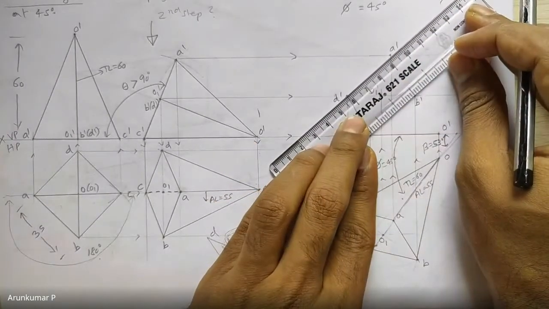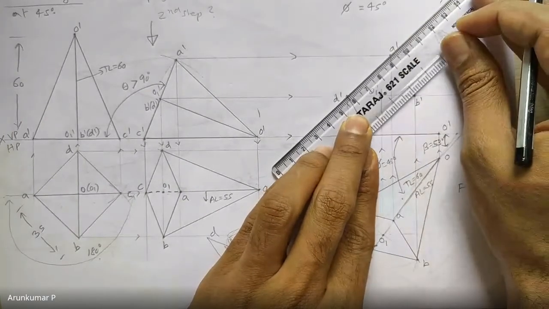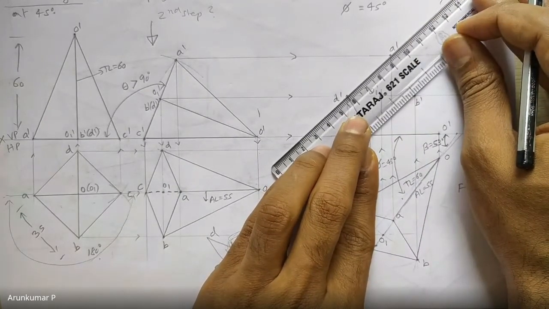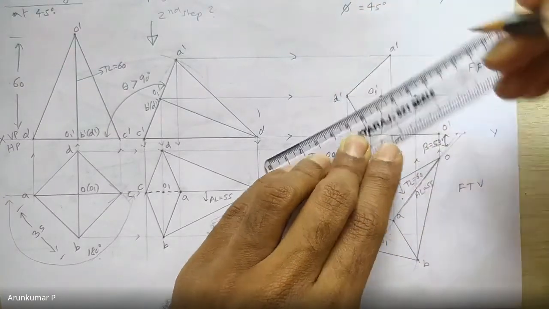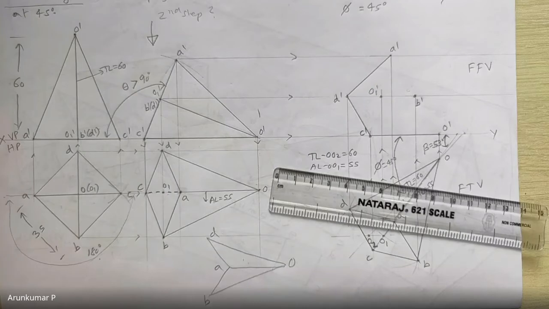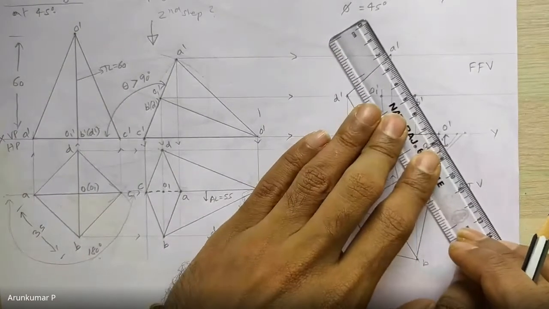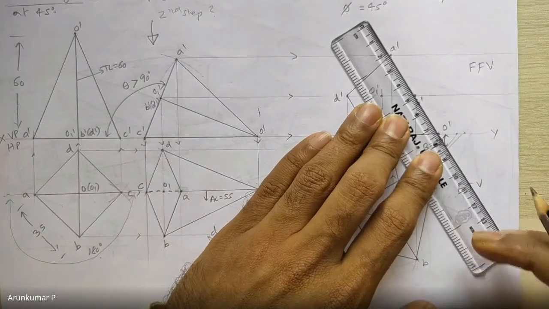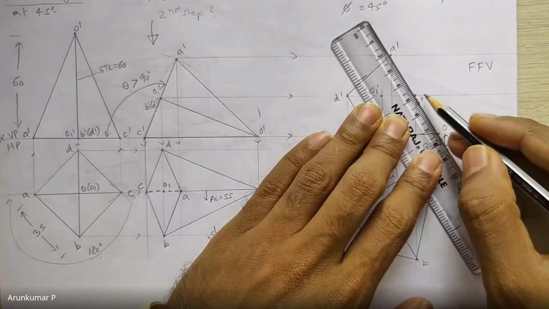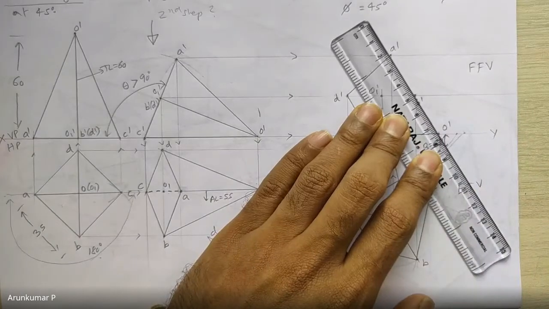D dash and A dash, yes. These are the exterior points because there is no point beyond these points. Okay, now the question comes. Many of you may feel that B dash is also an exterior point and you may join O dash to B dash and then B dash to A dash. It doesn't work like that.